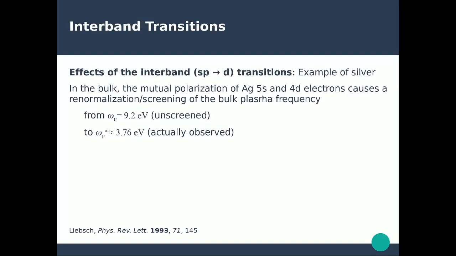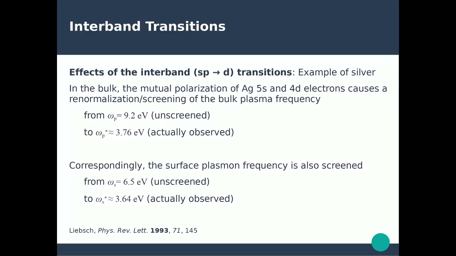I'm not going to enter too much into the detail, but if you calculate the bulk plasma frequency for a pure free electron gas model, you're going to end up with 9.2 electron volt. But what is actually observed experimentally is 3.76 electron volt. This screening is resulting from the contribution of the valence electrons to the optical response, that was not included in the free electron model.